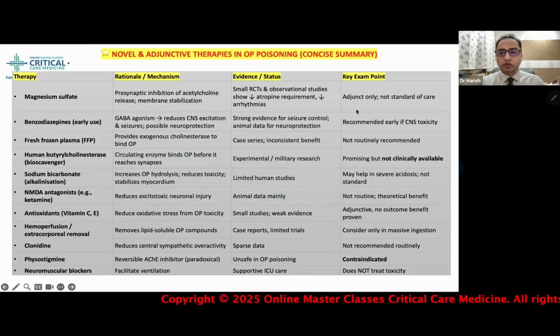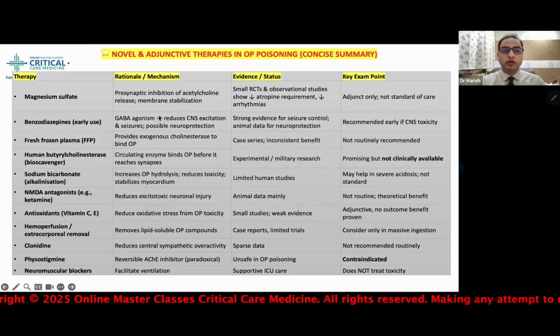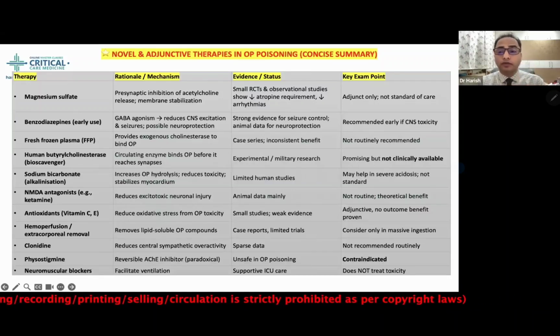It is an adjunct only, not a standard of care. Benzodiazepines in early use: they have GABA agonism, reduce CNS excitation, and seizure potency is going to be reduced. Possible neuroprotection; strong evidence for seizure control, animal data for neuroprotection; recommended early only if the patient is having CNS toxicity, otherwise not on a routine basis.